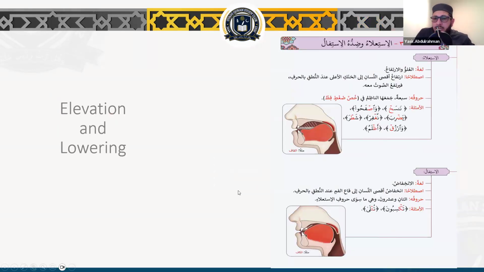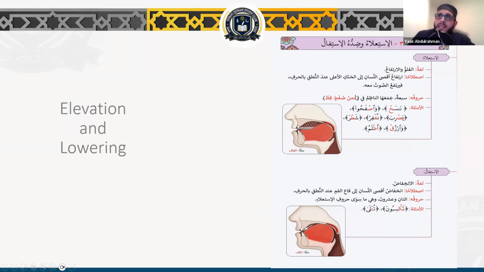Next characteristic, inshallah, we have time to do one more: isti'la and istifal. Isti'la linguistically comes from the word elevation or going higher. In tajweed, it's the elevation of the furthest part of the tongue towards the upper soft palate when you pronounce the letter.